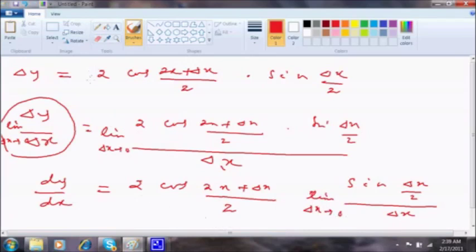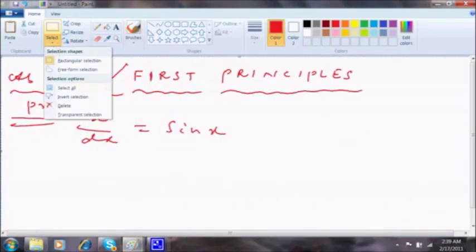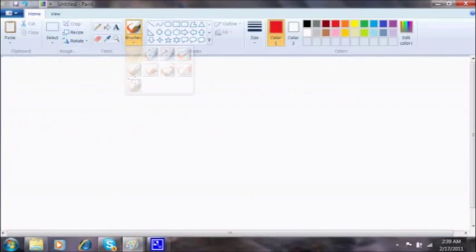Now we'll have to learn a bit of limits in this. Only one formula is in fact enough, that limit x tends to 0, sin x by x is 1.